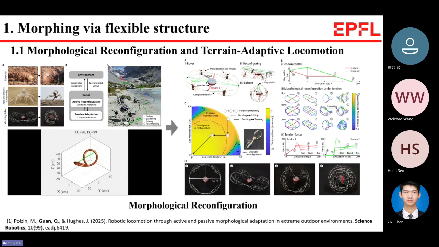Our goal is terrain adaptive locomotion, meaning the rover must adapt to different terrains by changing its shape. To achieve that, we explored three structures: a rod, a band, and a lattice structure. However, the rod structure is highly flexible, but not stable enough to hold the wheel direction.